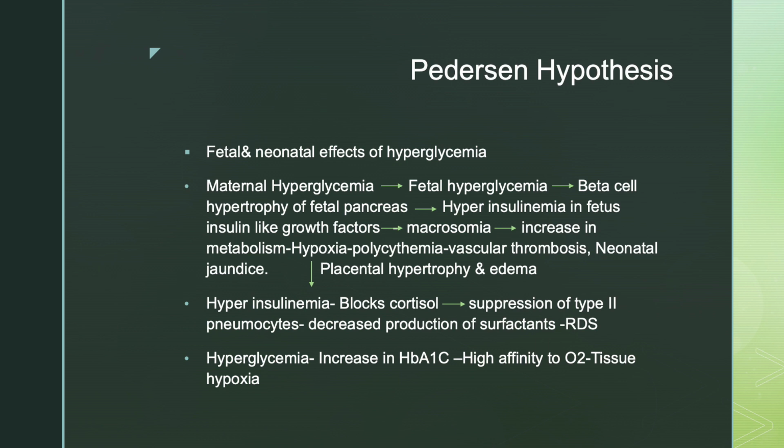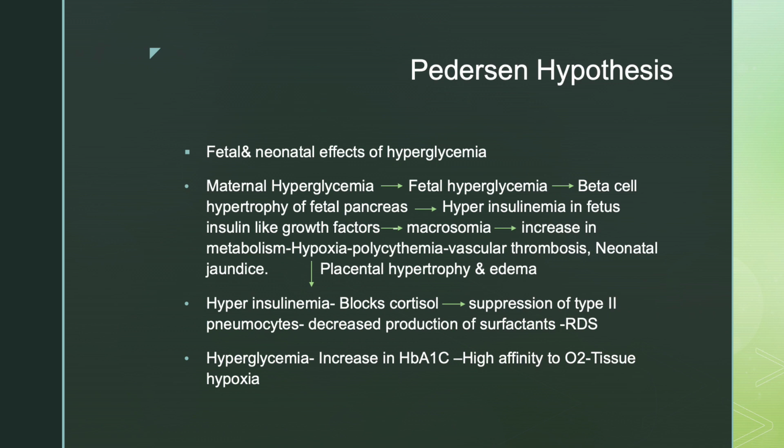The hyperglycemia in the fetus also will increase HbA1c, which has a high affinity to oxygen. So it will refuse to part with the oxygen, and the tissues will suffer from tissue hypoxia. All this may result in fetal death.